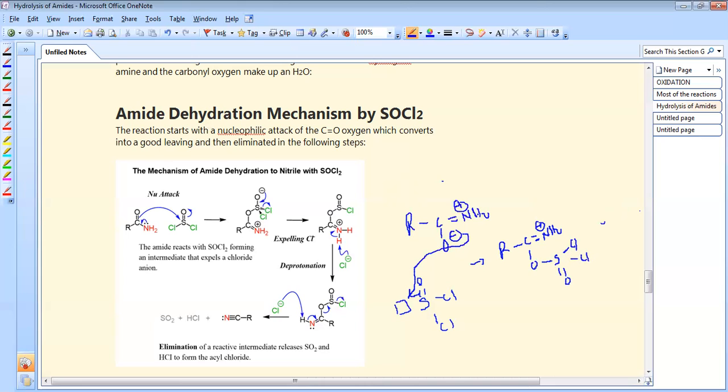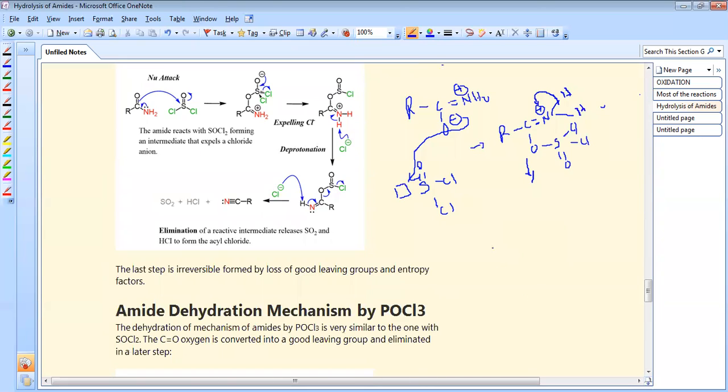Next, I'm expanding those hydrogens. This nitrogen is attached to two hydrogens, and one hydrogen will be removed.